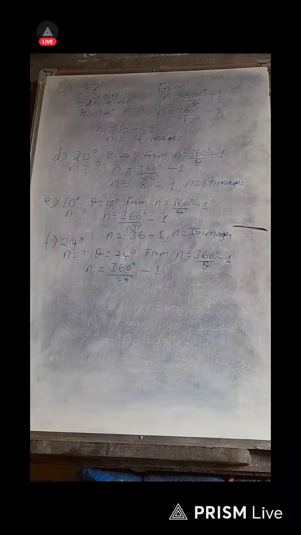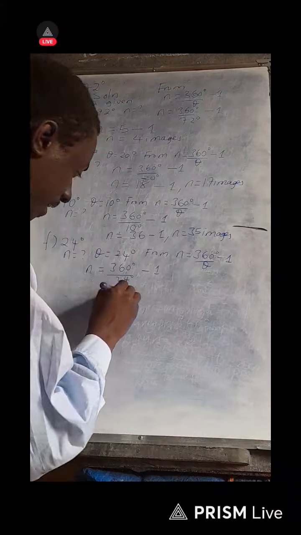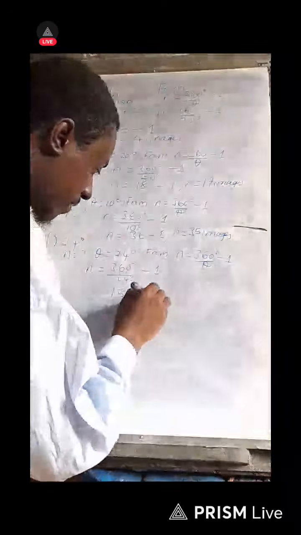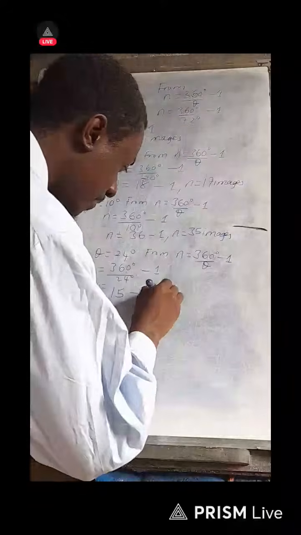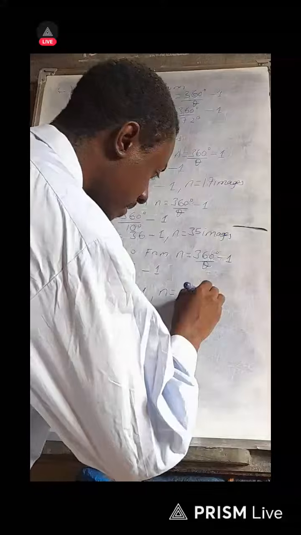You have 360 degrees, you divide it by 24. You can get almost 15. If you do mathematics, you can get 15. So here is equal to 15 minus 1. So the number of images now is equal to 14 images.